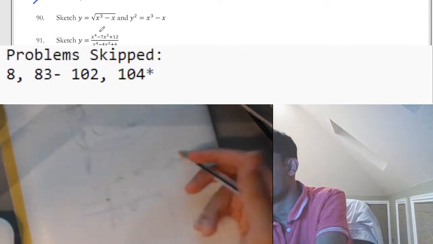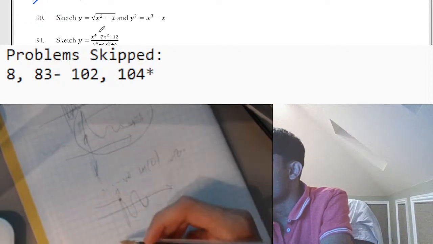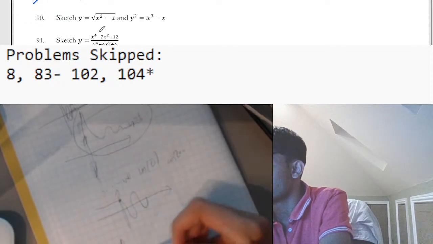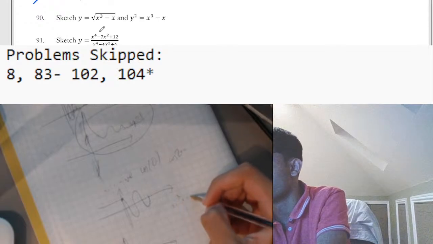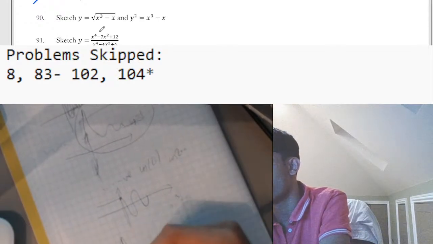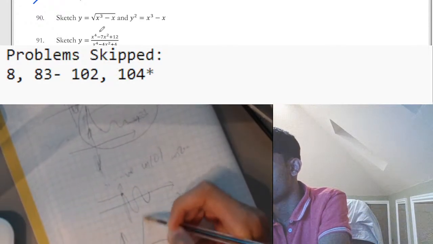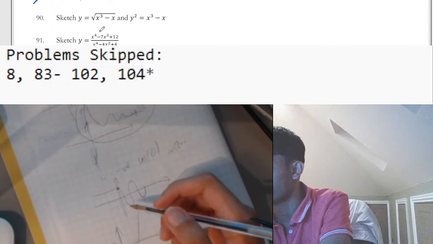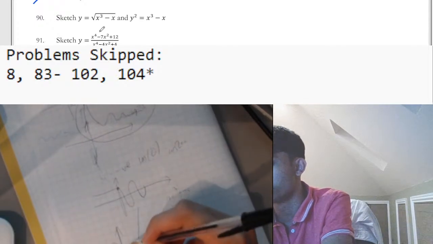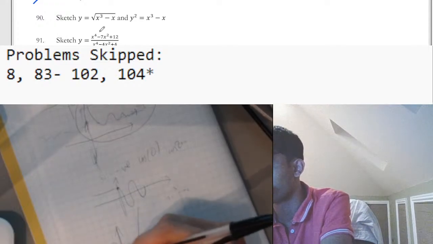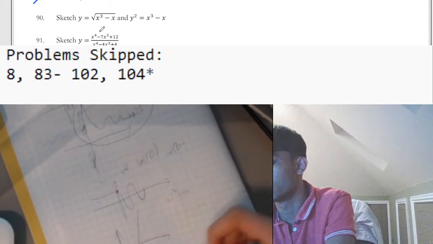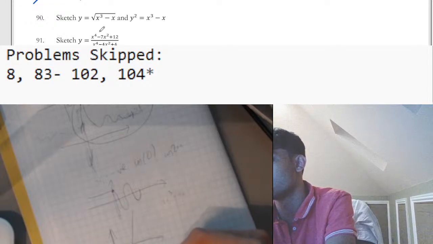Okay, sketch this. Let's sketch x cubed minus x. So you have 0, 1 and minus 1 as roots. So you have something like this. And if you square root it, it's going to be undefined when it's negative. But when it's positive, it's going to be still 0.